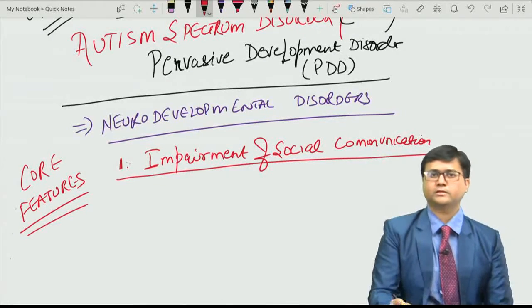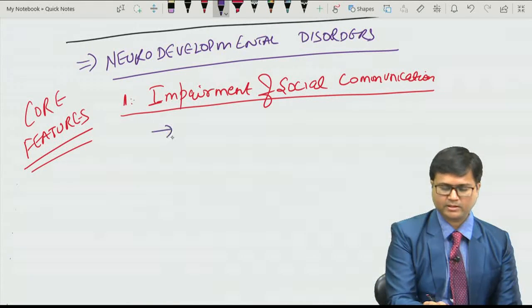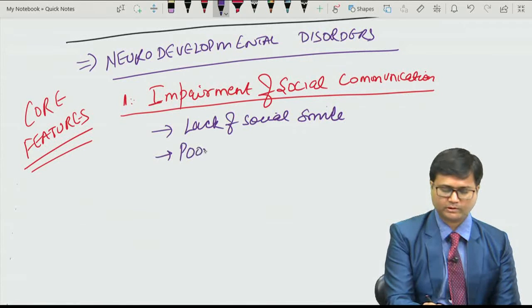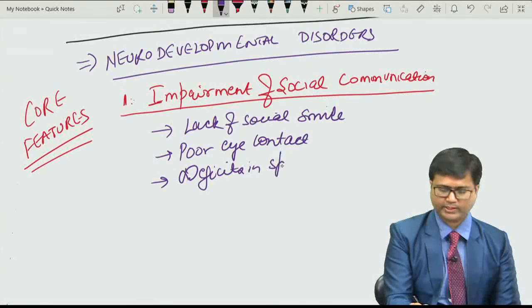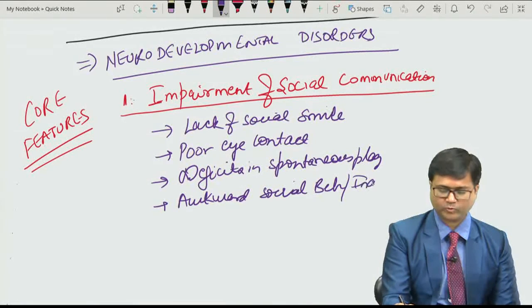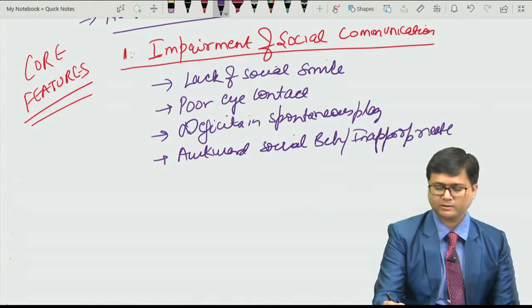So there is impairment in the social communication by the child, which can be indicated by a lack of social smile when the child is an infant, often poor eye contact, deficits in spontaneous play, and awkward or inappropriate social behavior.